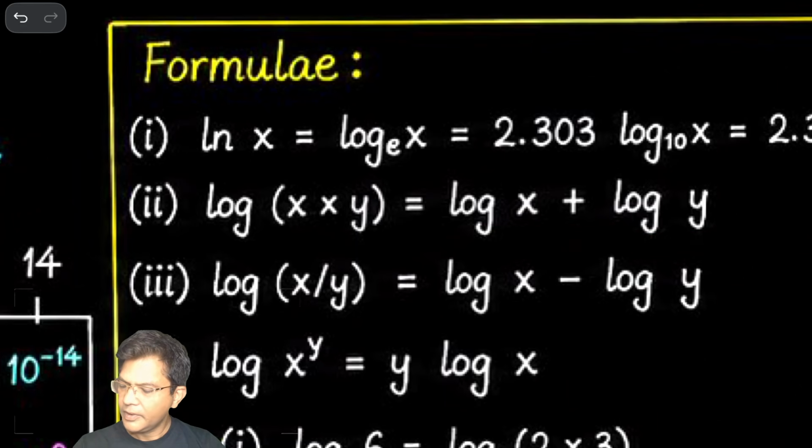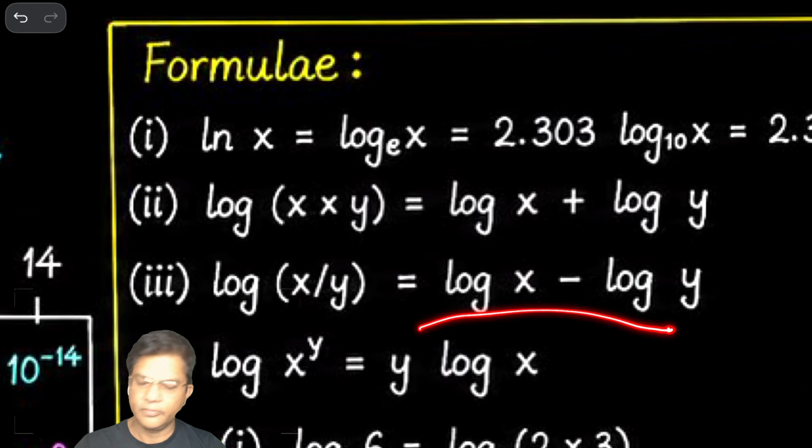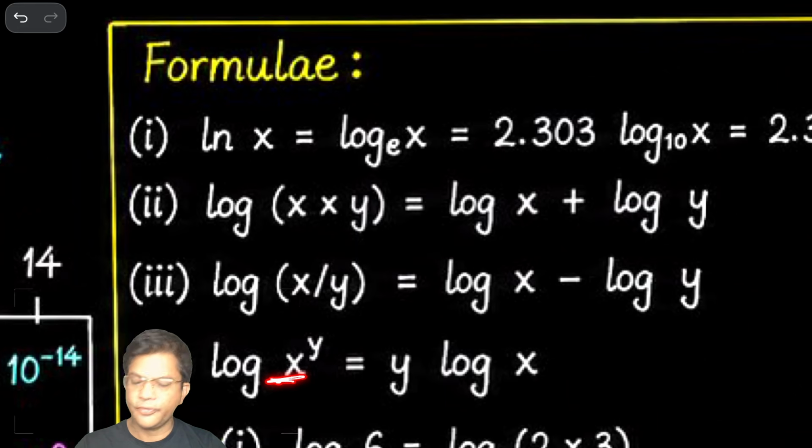Log x upon y is log x minus log y. Log x raised to power y, so y will come in front, is y log x. These are the three very basic fundamental formulas.